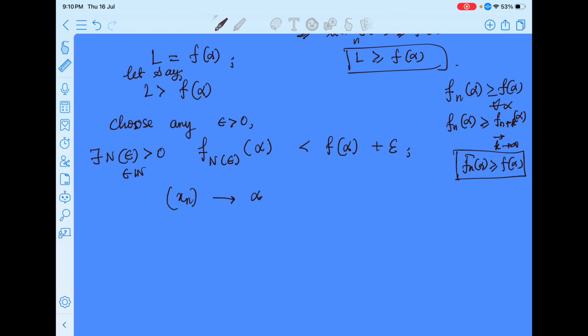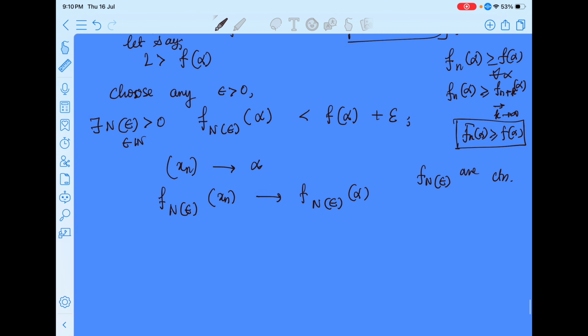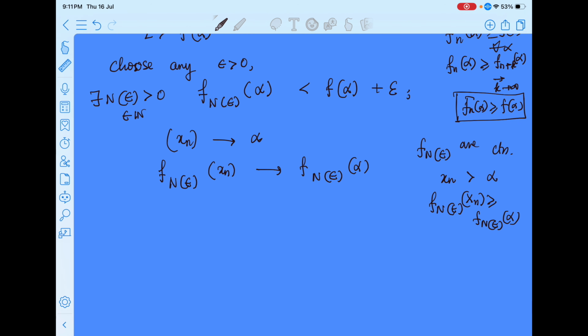Then fn epsilon of xm converges to fn epsilon of alpha, because fn epsilon is continuous. And as xm is greater than alpha, because we are approaching from the right side, fn epsilon of xm is greater than or equal to fn epsilon of alpha.